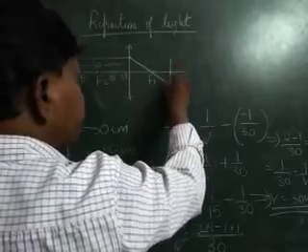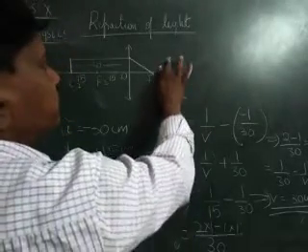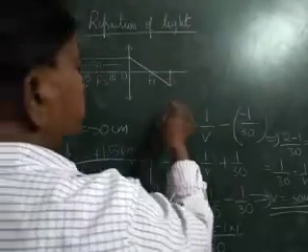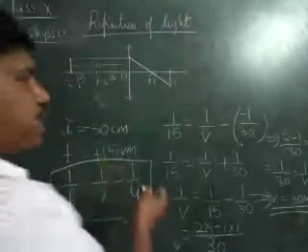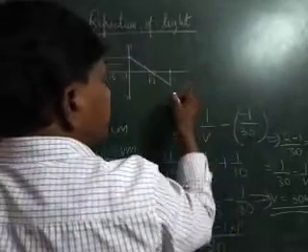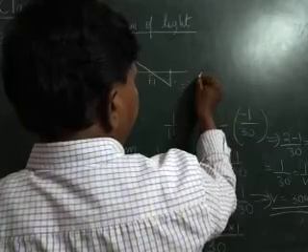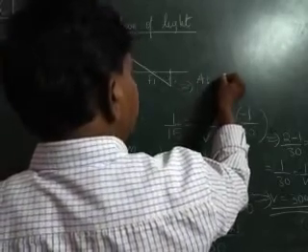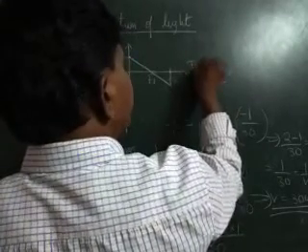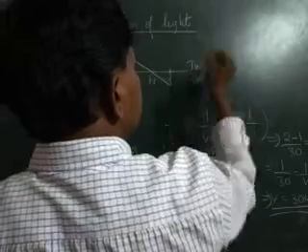We will be getting the same size image. The object is at C, and the image is also at C. Therefore, characteristics of the image formed, children: image is formed at C.